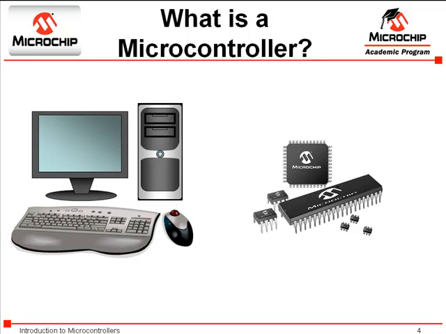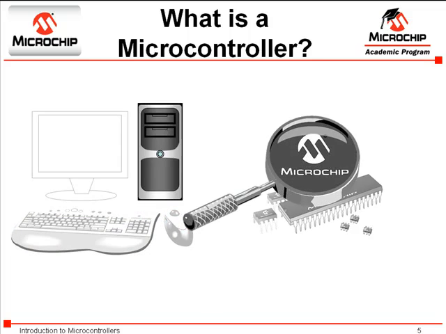So for example, you could listen to music while typing in a word processor or even have a web browser open all at the same time. A microcontroller, on the other hand, is typically dedicated to a single task. However, if we take a look at the basic components that make up both a PC and a microcontroller, we'll see many similarities.